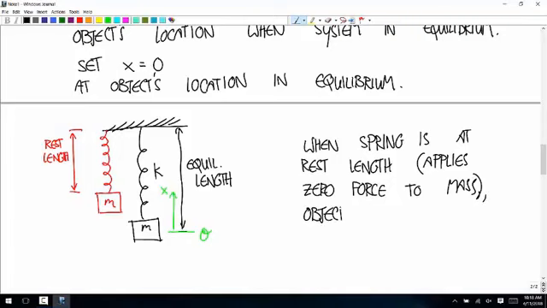The object is at location x0. And notice that that x sub 0 is positive.